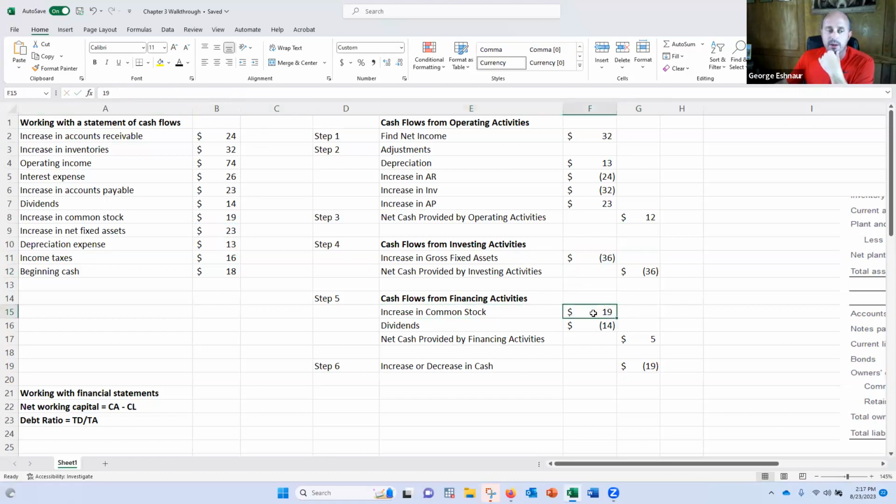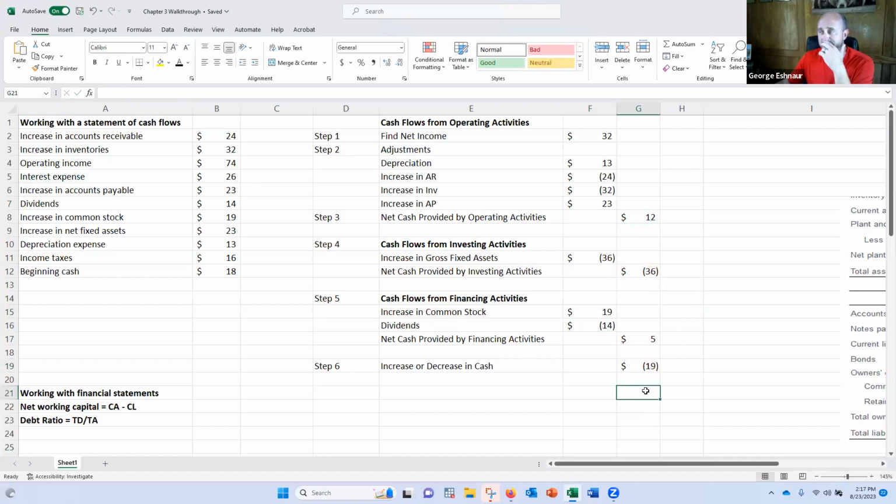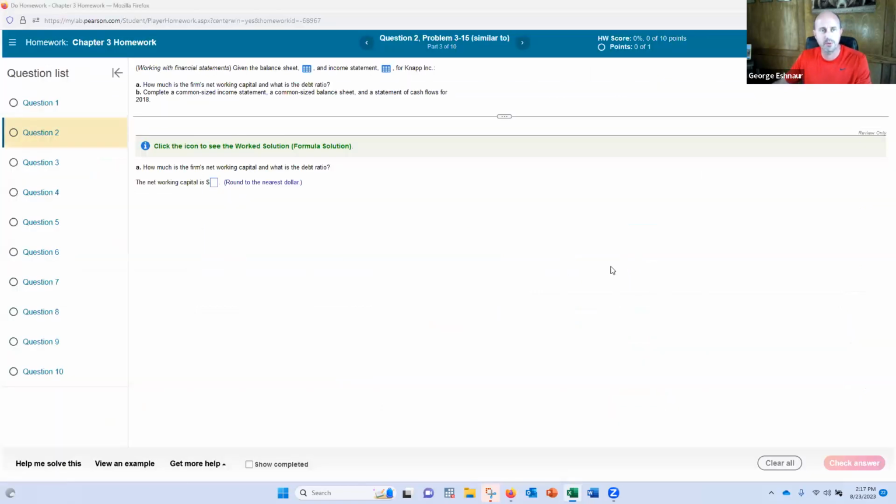Increase in common stock would have been us selling equity, so that was cash in. Our dividends are always paid out. Here's the variance. And then what we see here is this plus this plus this, and that gives us our starting point. Okay. Questions on that one? You'll have a couple like that.